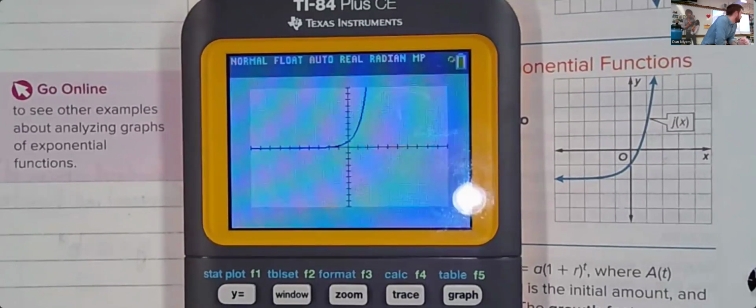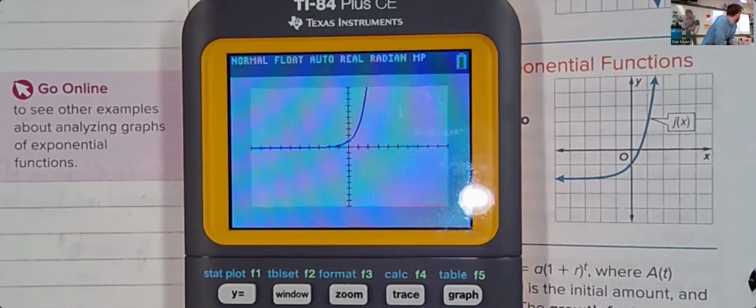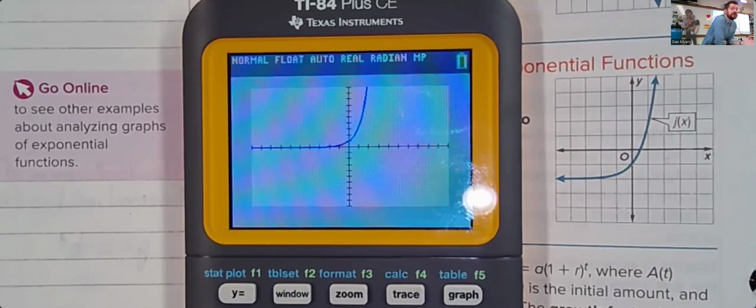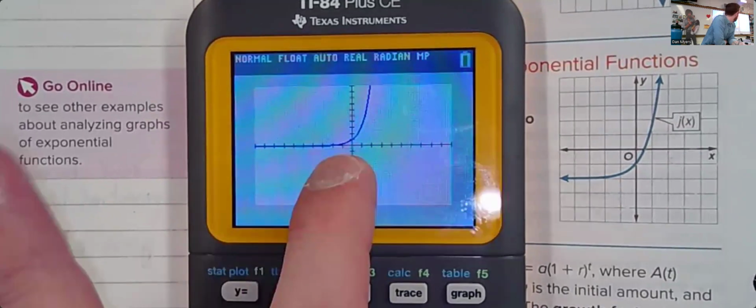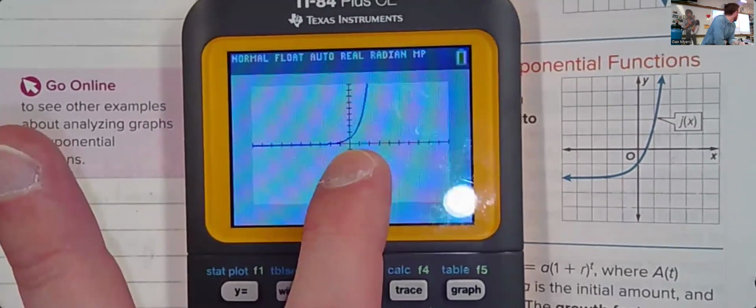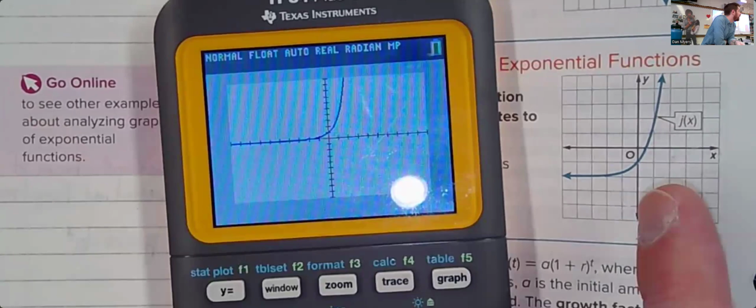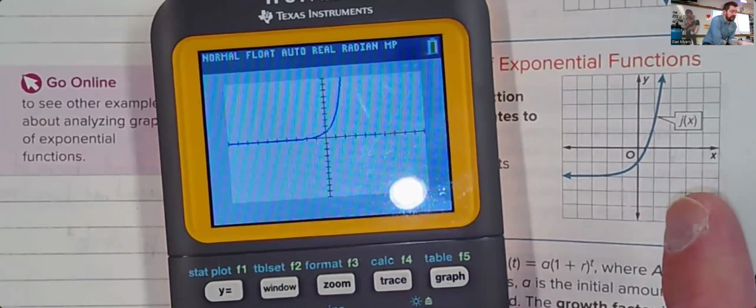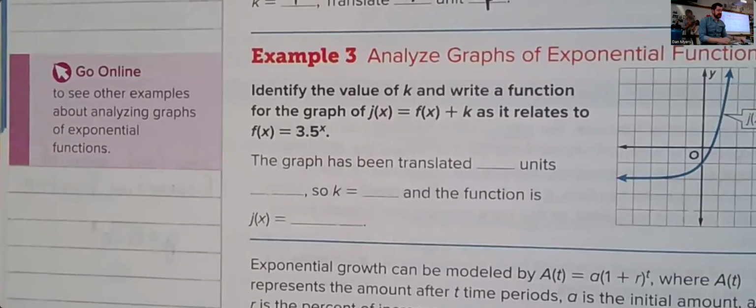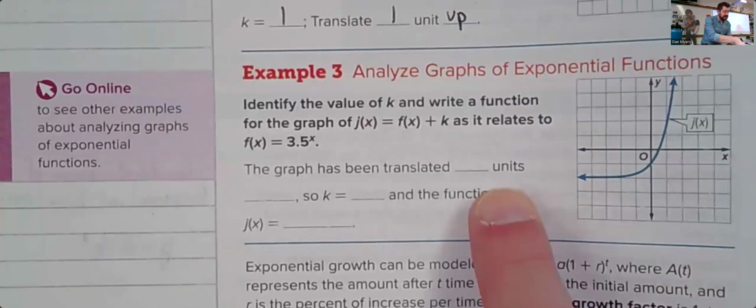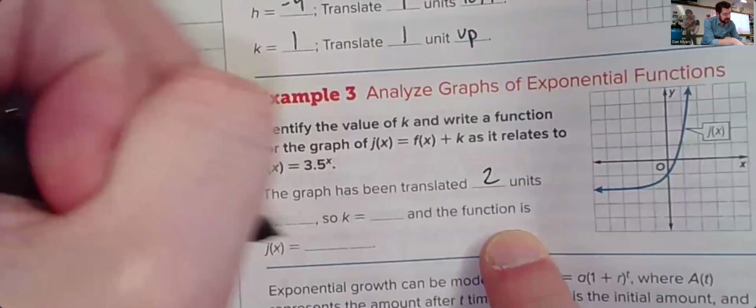And the thing to look at here to determine your vertical shift, if it's only a vertical shift, is the y-intercept. That's going to be the best way to figure it out. So where is the y-intercept of this one? At 1. Where's the y-intercept of this one? At -1. So the graph has been translated 2 units down.